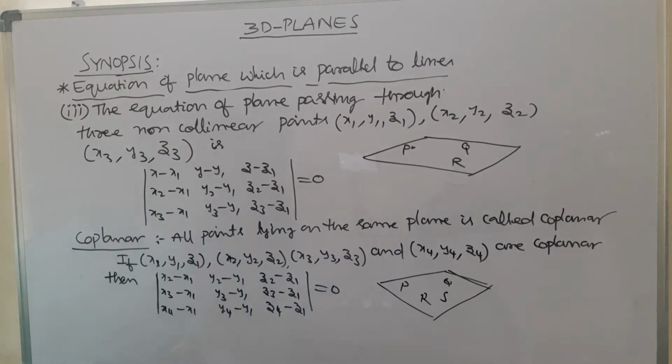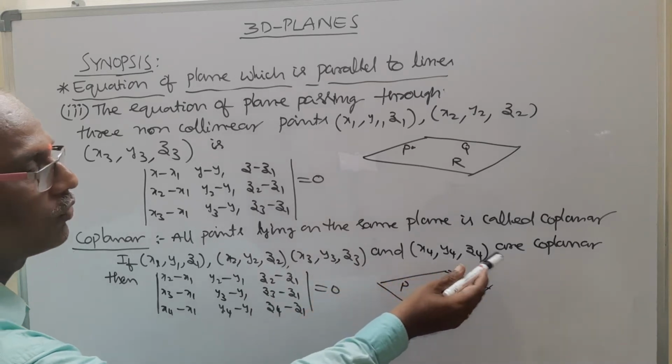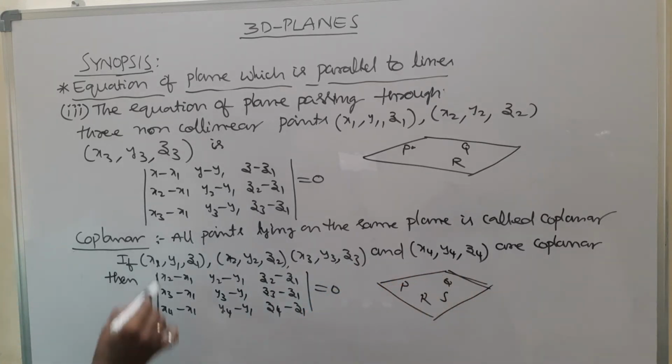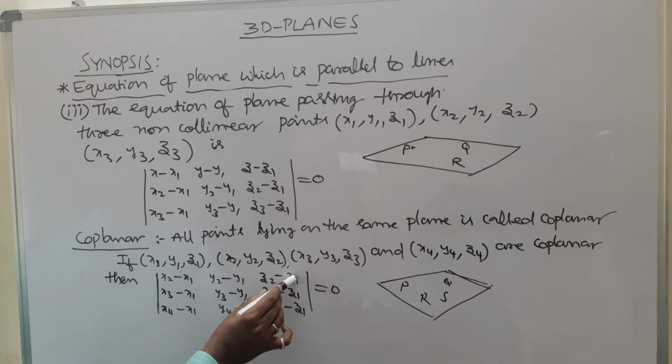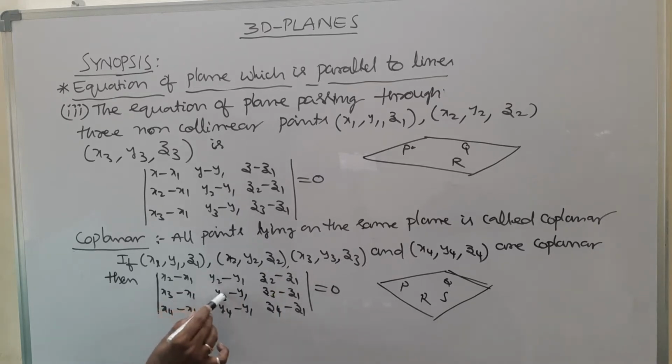The condition: if the points x1, y1, z1; x2, y2, z2; x3, y3, z3; and x4, y4, z4 are coplanar, then the determinant of x2 minus x1, y2 minus y1, z2 minus z1; x3 minus x1, y3 minus y1, z3 minus z1; x4 minus x1, y4 minus y1, z4 minus z1 equals 0.